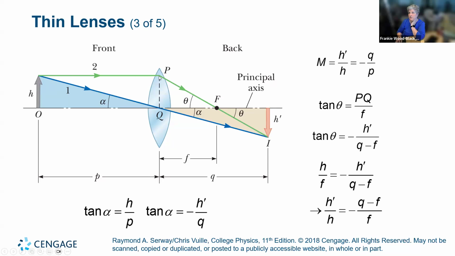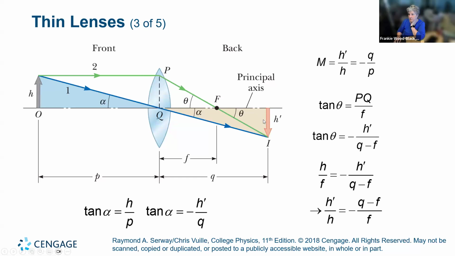It'll come to the midpoint of my lens, and then I'm going to use this point and the focus to create my straight line. Where they cross is where my image is going to appear. So this is a converging lens.